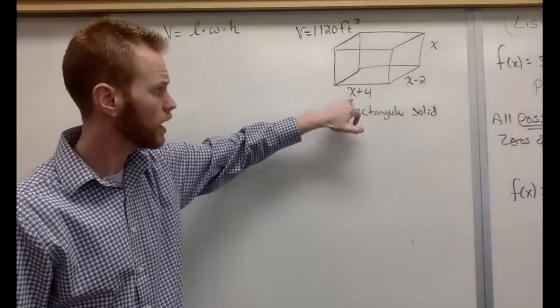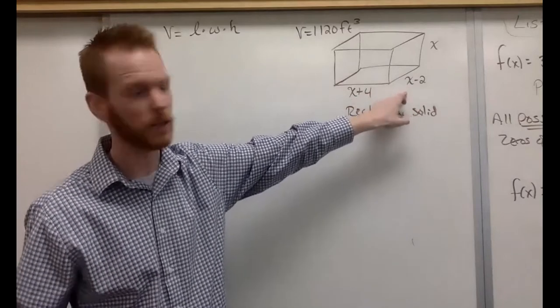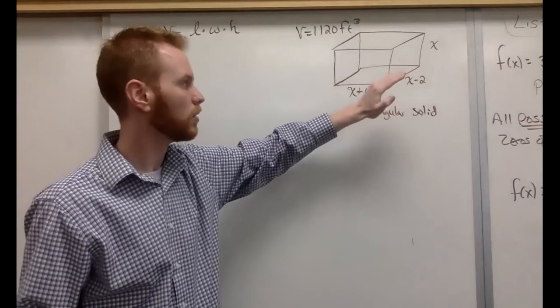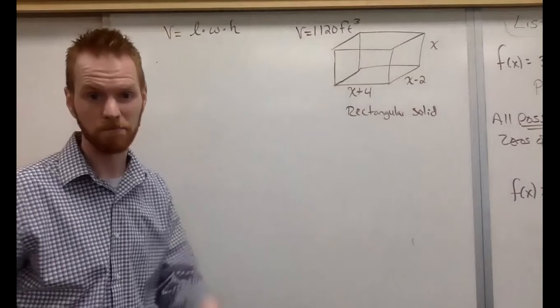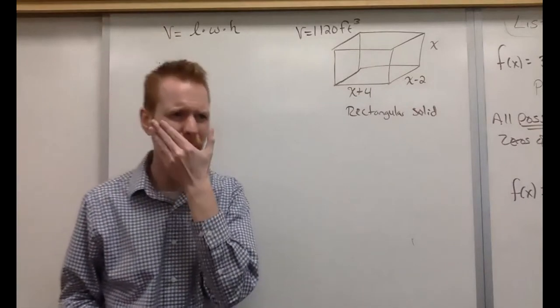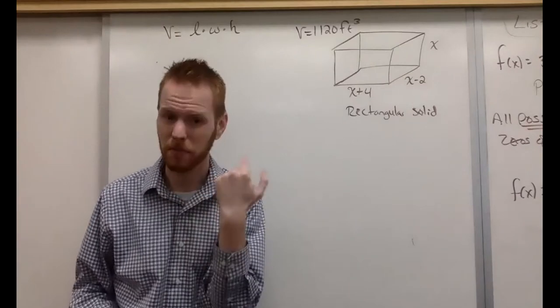This is 4 more than the width. This is 2 less than the width, or the height, whichever way I'm looking at it from here. So what would x be to satisfy that volume? You're probably thinking, there's no polynomial here. Why would I have to find a zero? Well, there will be a polynomial once we plug it into the formula.